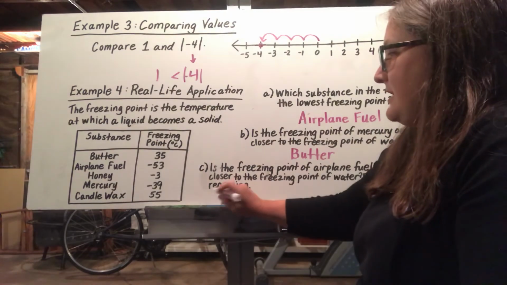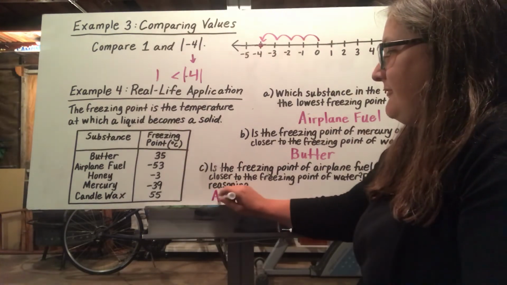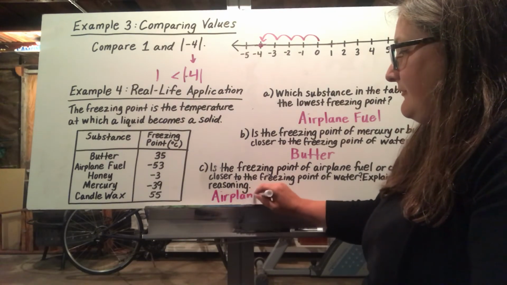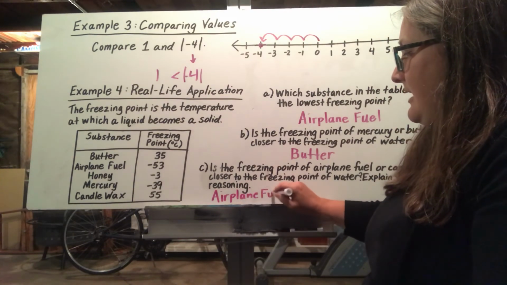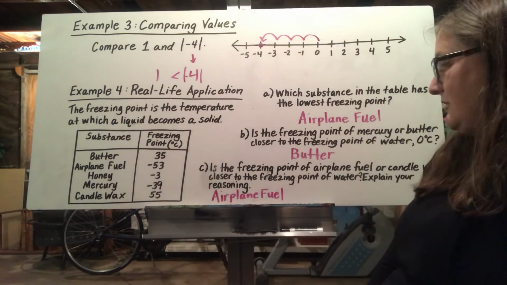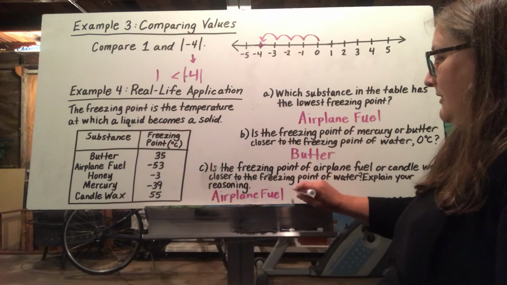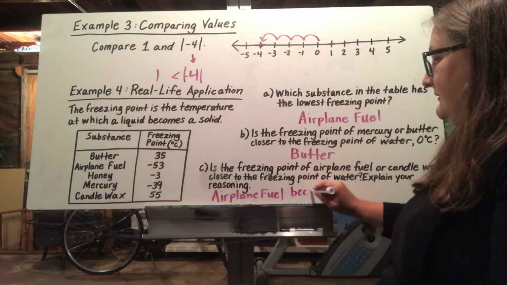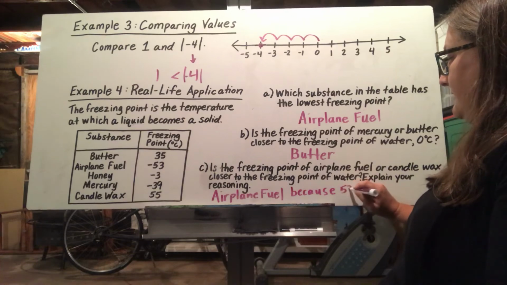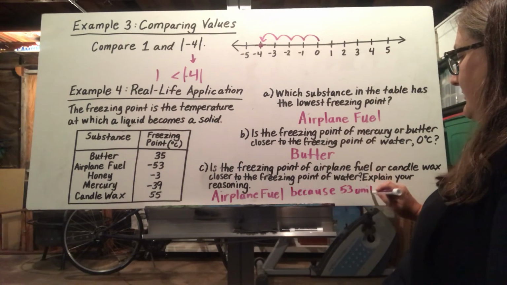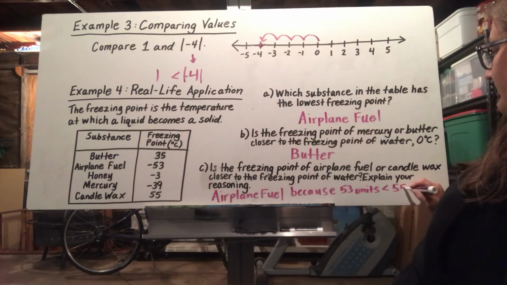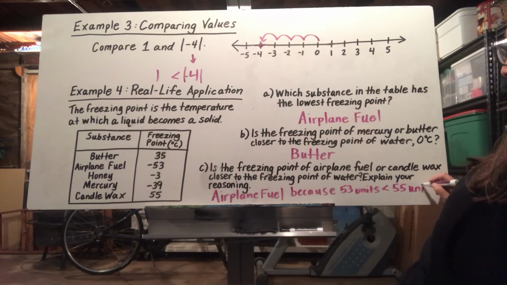It's going to be the airplane fuel, because that one's only 53 degrees away from 0. And candle wax is 55 units away from 0. So airplane fuel, because 53 units is less than 55 units, which is what candle wax is from 0.